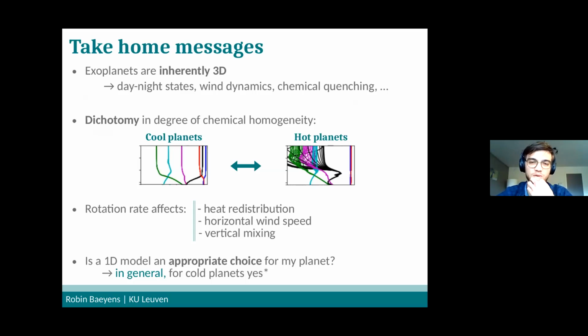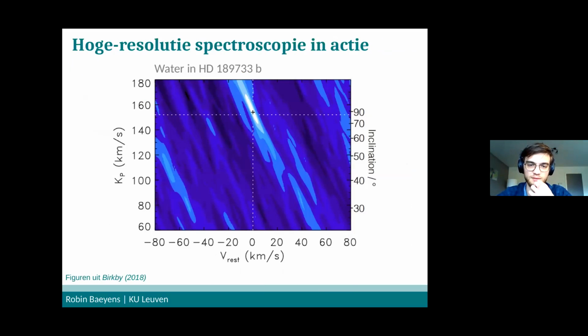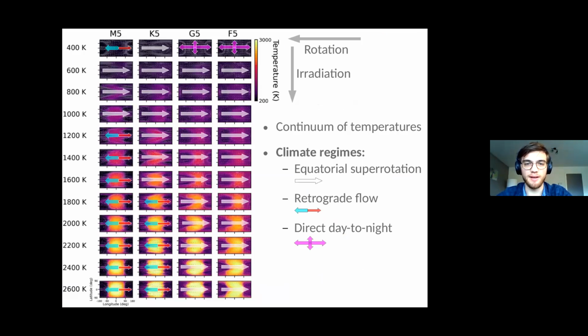One of the main reasons is that the climate type changes with faster rotation. I can maybe show you some extra stuff on that. So here I have the same figure that I showed earlier, but I try to assign some climate regimes to that. And you see that for slow rotating planets here, you get equatorial superrotation quite often, denoted by this arrow.